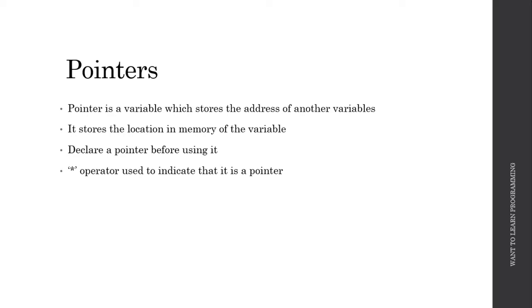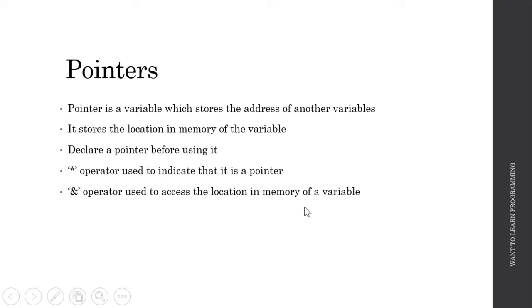One is the star operator, which is used to indicate that the variable is a pointer variable, and the ampersand operator is used to access the location in memory of a variable. That is, if variable a is present in memory location 1000, then to access that location, we use ampersand a.